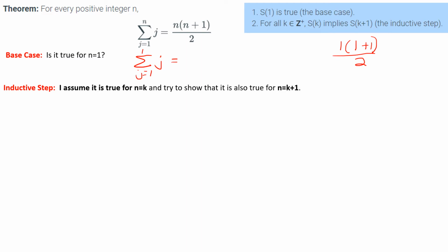It's just equal to 1, right? We just have the one term, 1. And that's all. Well, does 1 equal what we have over here? That's where we're going with this. We want to try to prove that these are equal. Well, if we take a look, we see that inside the parentheses, that's just a 2. And then we're dividing by a 2.